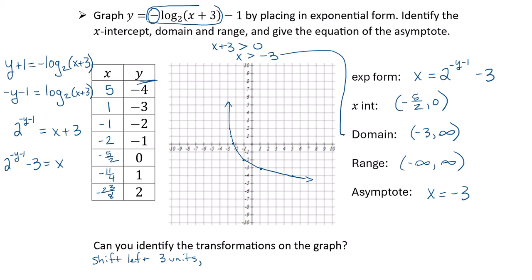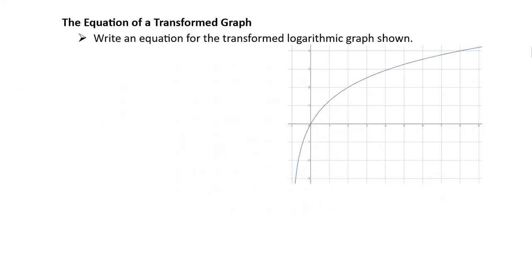What that does is it reflects this over the x-axis. The last transformation that took place is this subtract 1. So that means that we move the graph down 1 unit. Another shift.